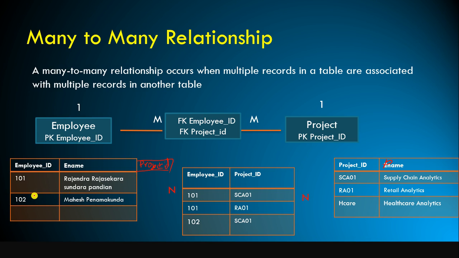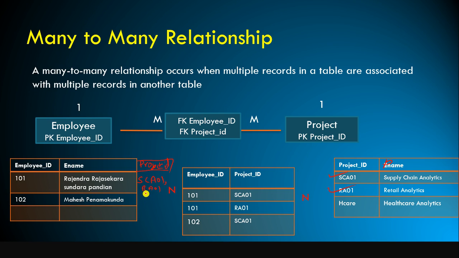But the issue here is, let's assume that this employee is working on more than one project. He is working in SEA01 and also he is working in REA01. So in this case, you have to store these two values, because he is working on two projects, SEA01 and the other project is REA01. You cannot store two values in a single column.